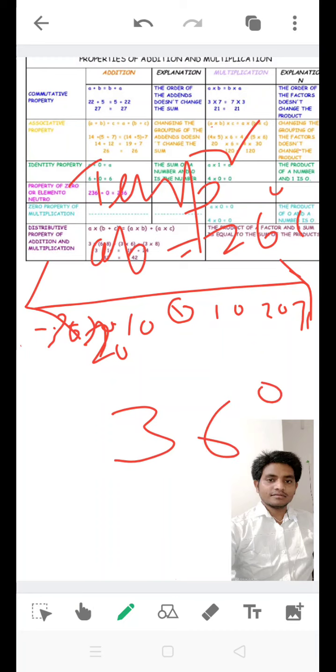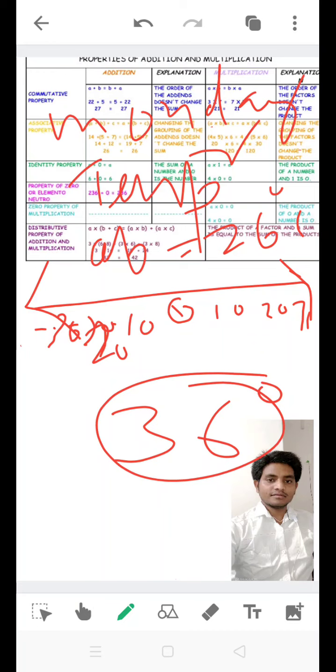After 2 days, that means if today is Monday, then Tuesday, Wednesday, we recorded the temperature of Wednesday, 36 degrees centigrade.